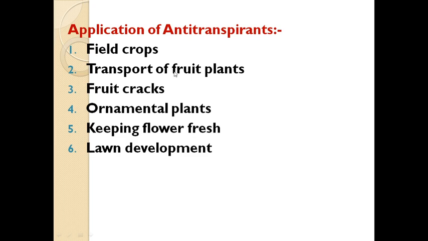Second, the transport of fruit plants. When seedlings of fruit trees are to be transported over a long distance, antitranspirants are useful because transpiration damages the young roots of the seedlings, and the saplings will remain fresh and healthy.